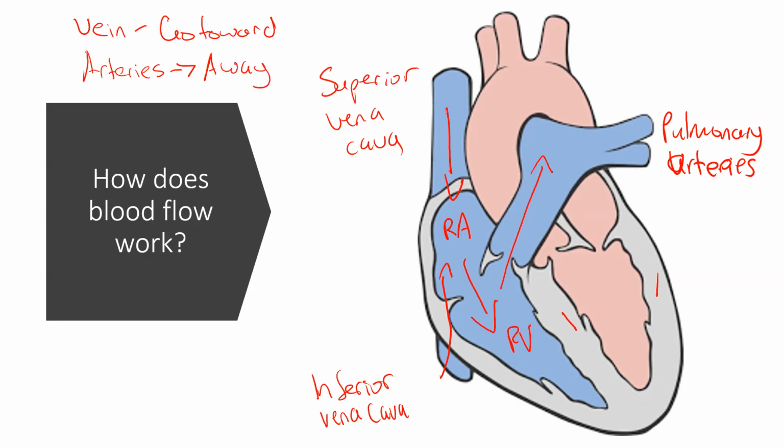Because this is going away from the heart, we call them the pulmonary artery, and it goes into the lung, and that's where you get your gas exchange. That's when the carbon dioxide gets removed and oxygen comes in through the alveoli, and then it returns through what's called the pulmonary veins, though you don't really have it here. So circulation returns back to the heart.